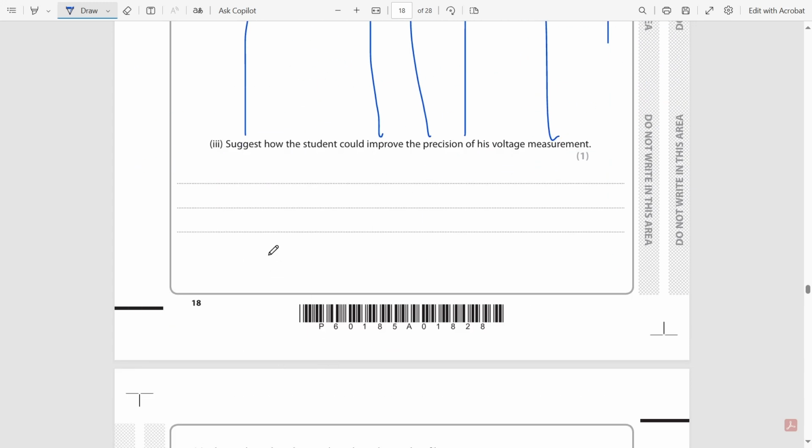Okay, so just how the student could improve the precision of his voltage measurements.